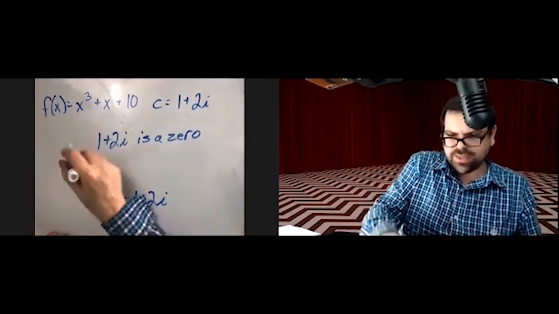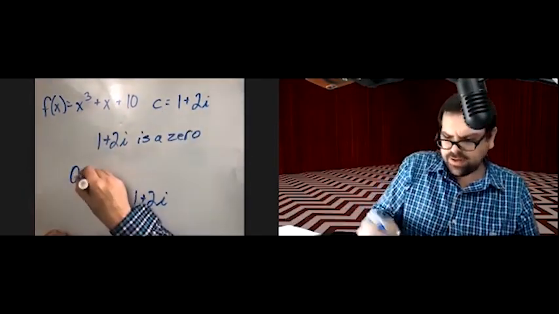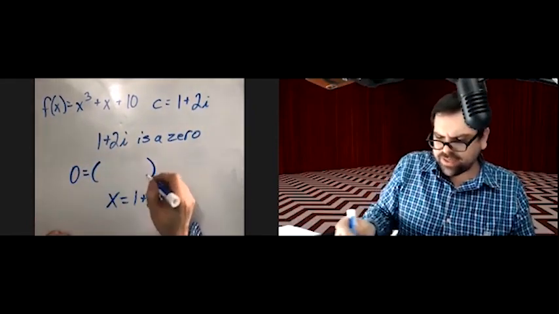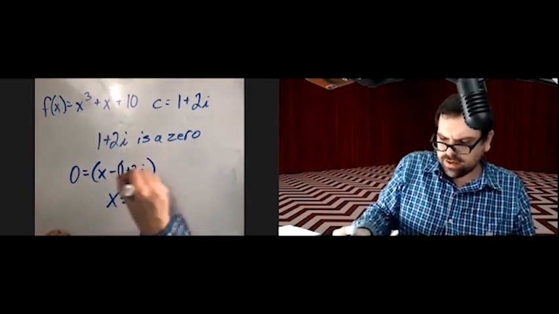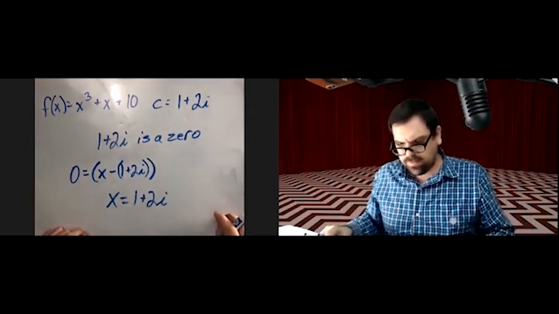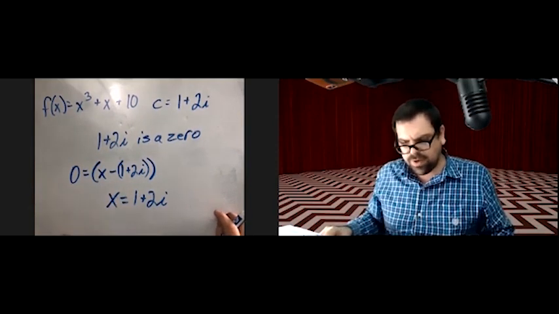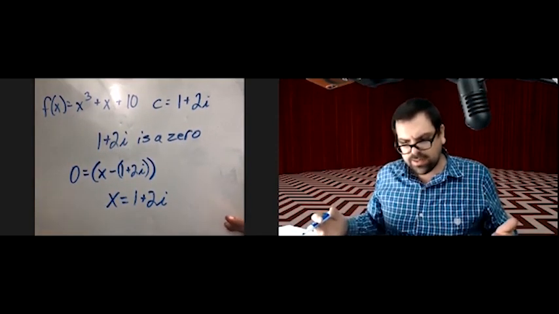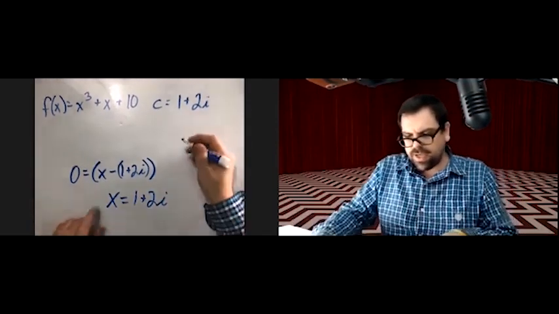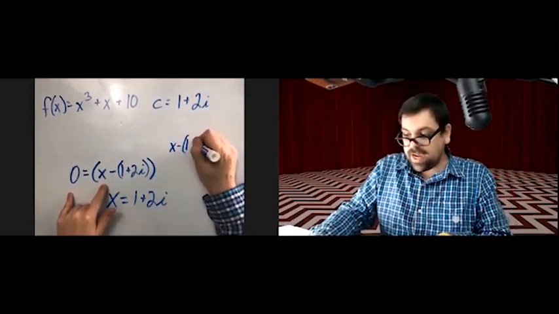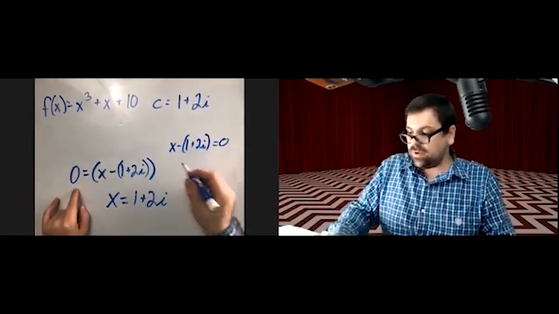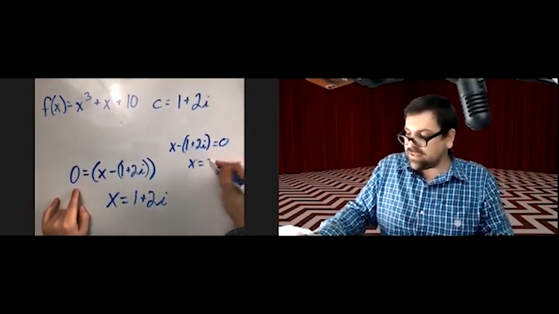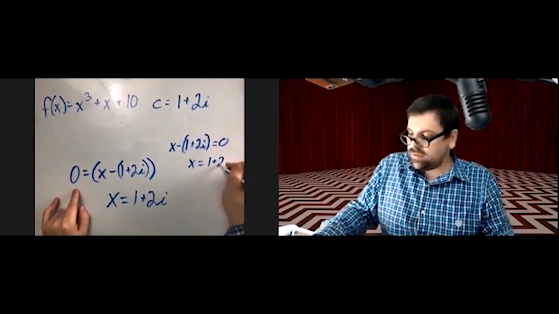So this function, the x cubed plus x plus 10, when it equals 0, one of the factors must be x minus 1 plus 2i. x minus the entire 1 plus 2i. Why? Because x minus the entire 1 plus 2i set equal to 0, adding it to both sides would give us the answer of x equals the 1 plus 2i.